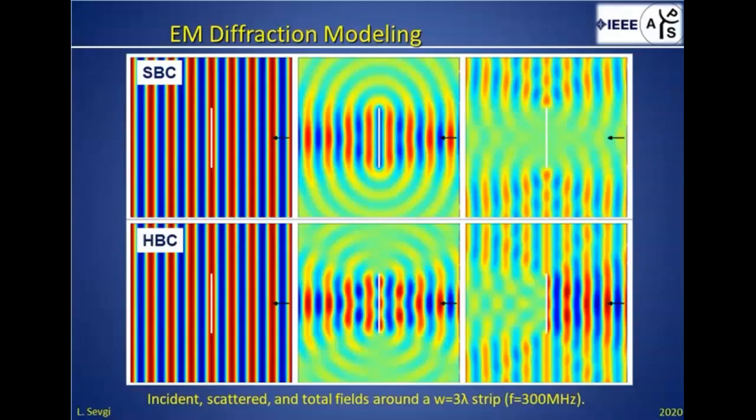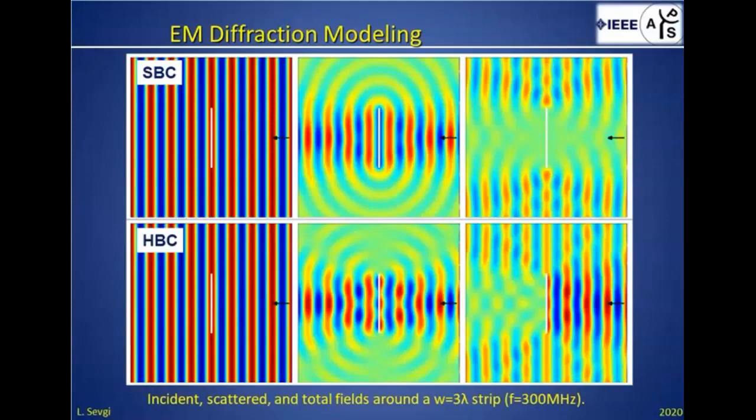This is a scenario where we have a finite length, infinite metal strip, with different boundary conditions. SBC means a soft boundary condition, HBC means hard boundary condition.